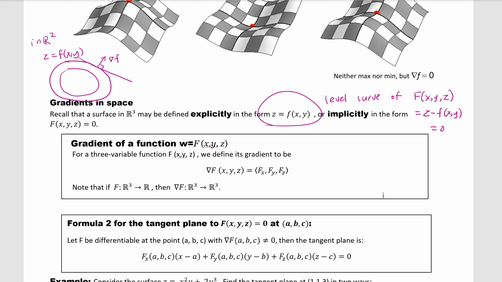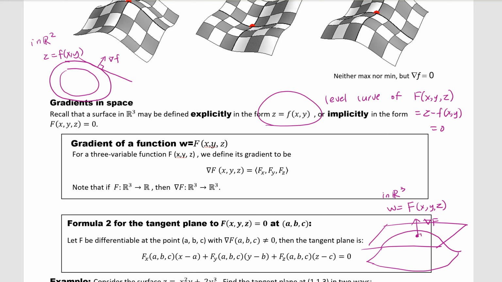But now in R3, we have w equals capital F of x, y, z. For a level set, we don't have a level curve; the level set will be a surface. We know the gradient of capital F is again perpendicular to the level set, the surface. It means it is also perpendicular to the tangent plane.